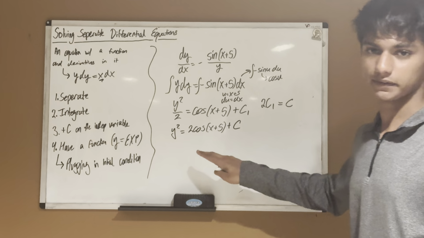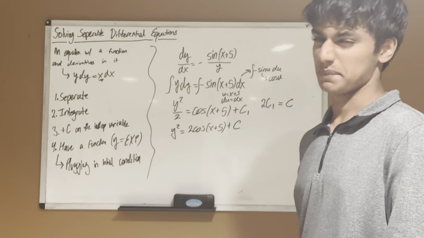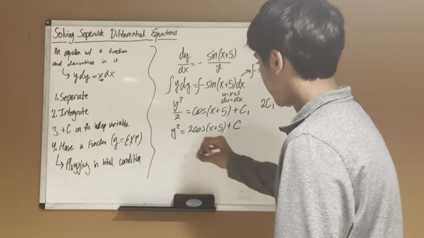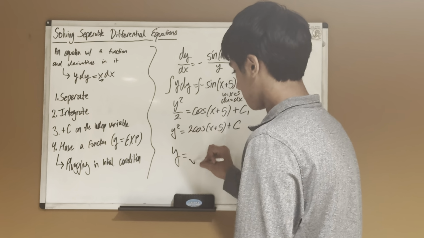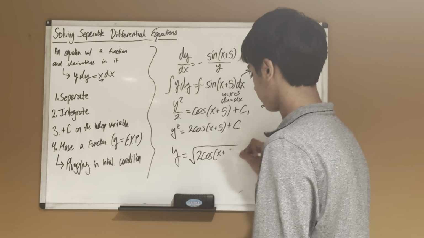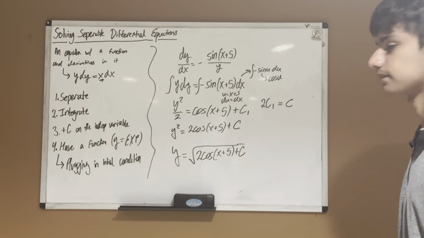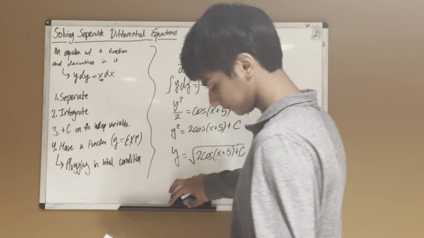I'm not sure if this is necessary on the exam, but I think it's helpful just in case they get picky about it. Now we have to use square roots, and we get y by itself, and the final answer is the square root of 2 cosine of (x plus 5) plus c. And that's how we solve this one.